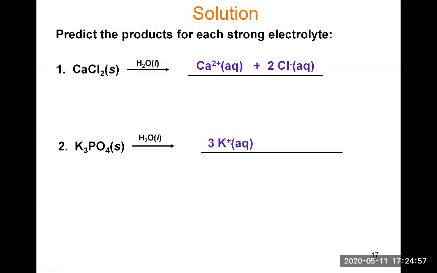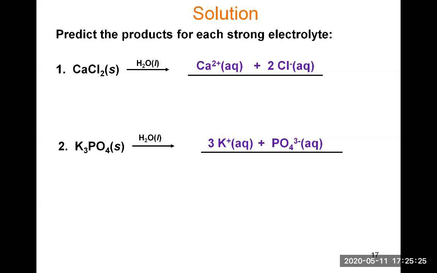And PO4, hopefully you recognize that it's a polyatomic ion. So you want to look at your list of polyatomic ions and see that PO4 is the phosphate ion. And it has 3 negative charges. You can see that in your list of polyatomic ions. And the physical state here will be aqueous again, because now it's in solution in water.